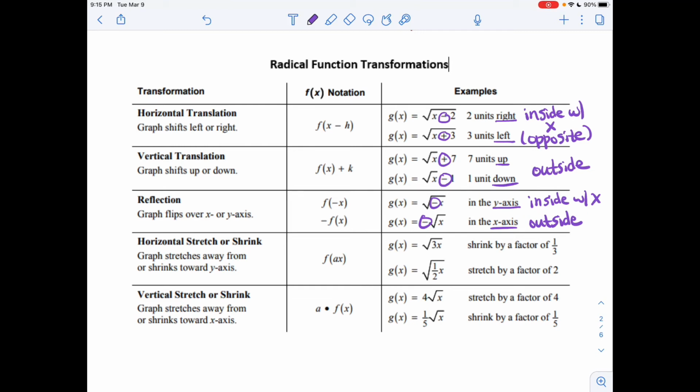Speaking of numbers, if we have a horizontal stretch or a shrink, we will be inside with x again. And remember that these are opposites, so inside with x and opposite.